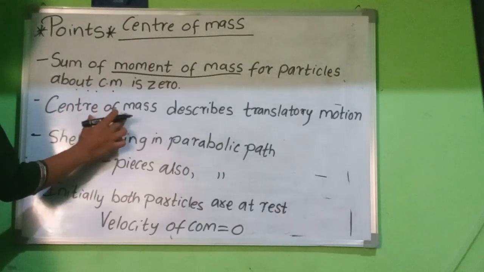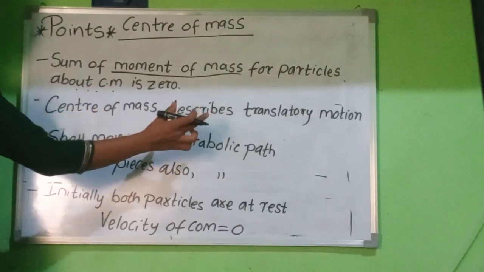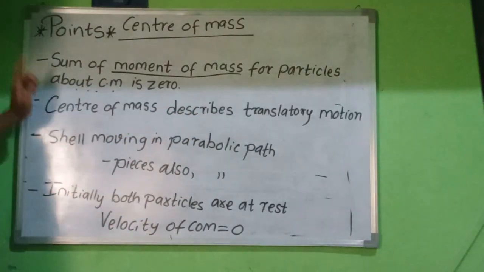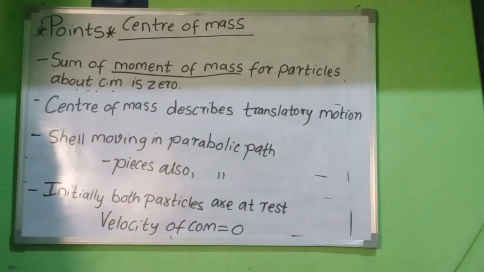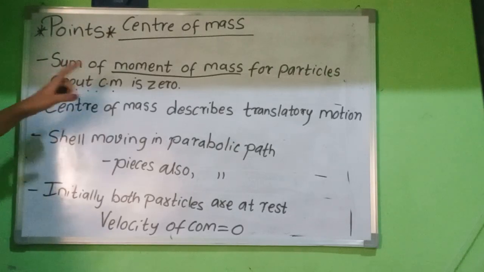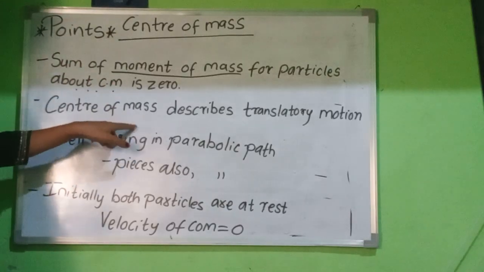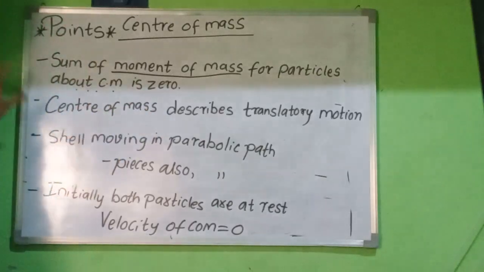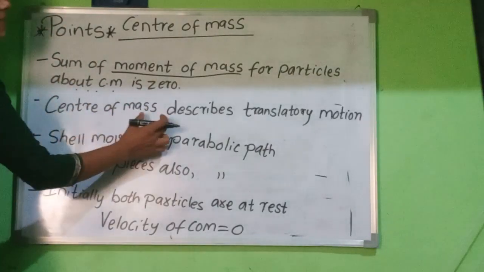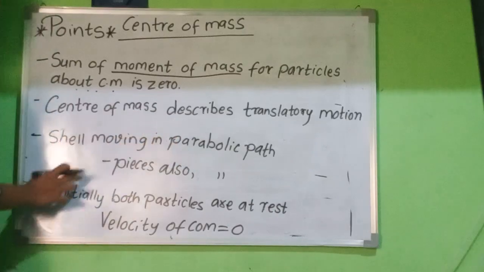Center of mass COM describes the translatory motion because in rotatory motion the center of mass is unchanged, but in translatory motion the center of mass is changed. That's why we can say that the center of mass describes the translatory motion.